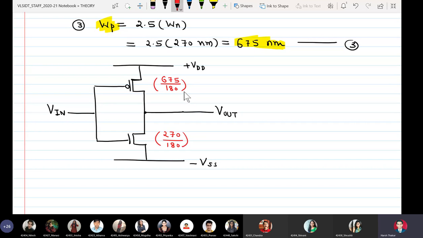So 675 by 180 nanometers is the size of PMOS and 270 by 180 is the size of NMOS.